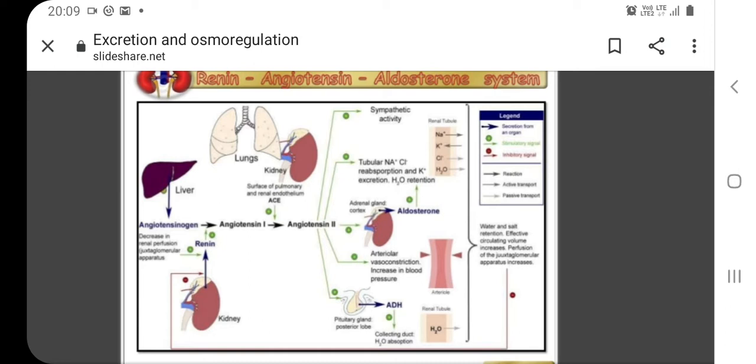Another important hormone, known as the atrial natriuretic peptide hormone, designated as ANP, acts as a vasodilator. Its role is to decrease the blood pressure.